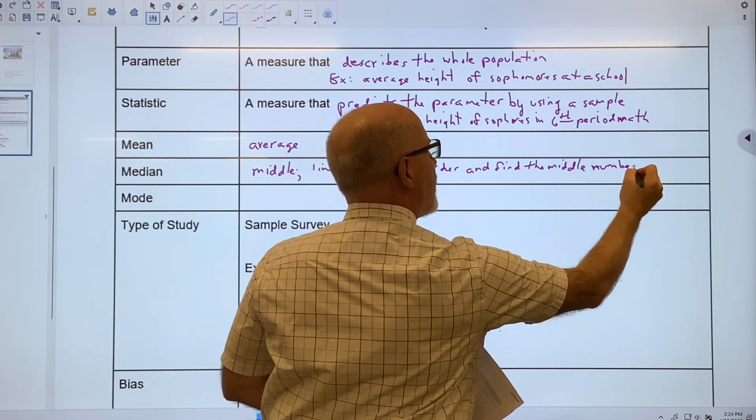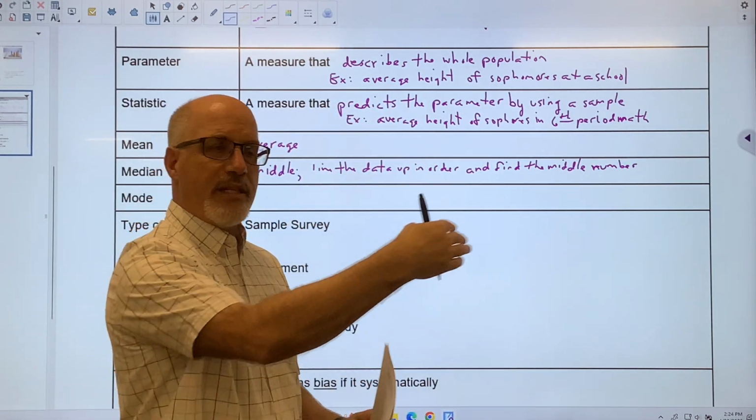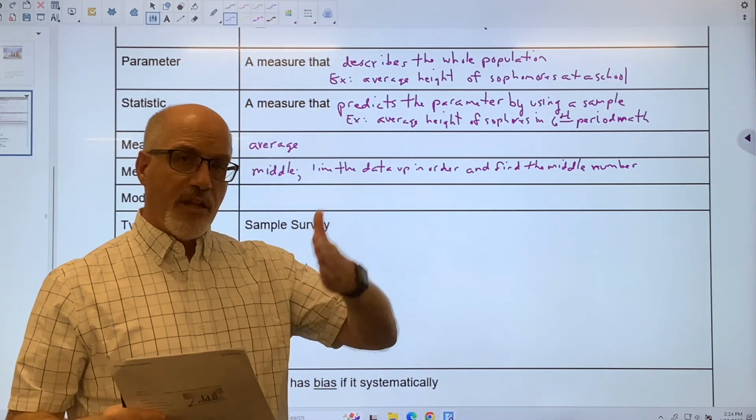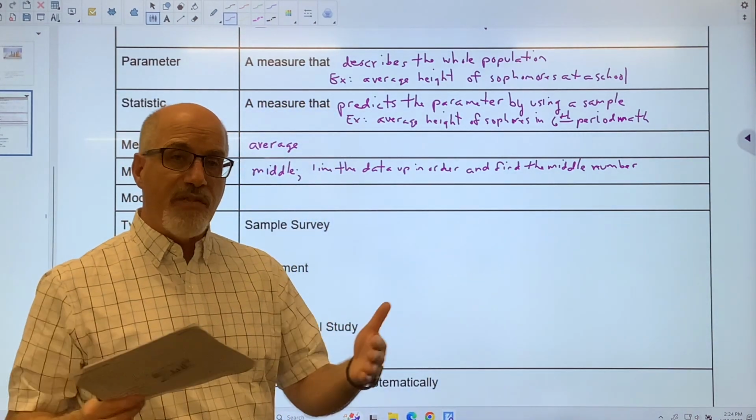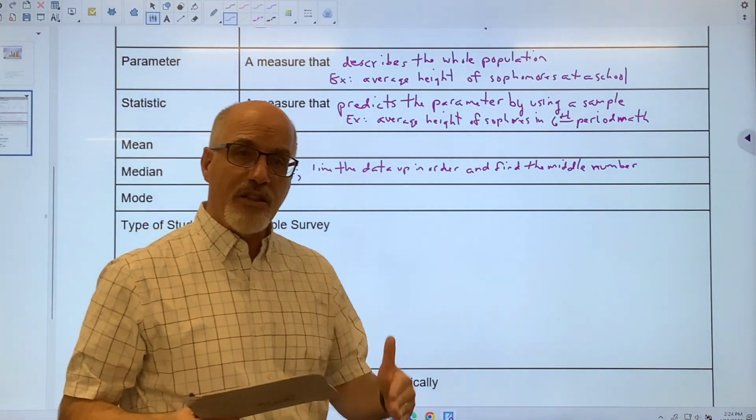Now that's all well and good if we've got an odd number of data points, because the middle number is actually a number. But what if there's an even number of data points? There's not a middle number.